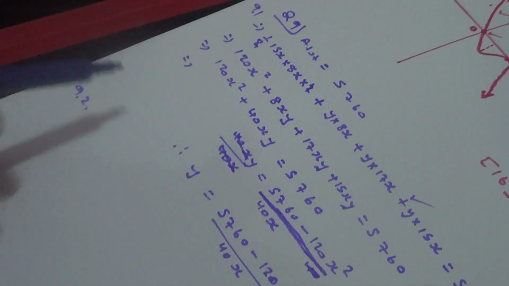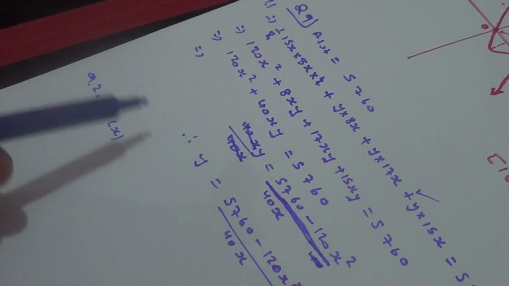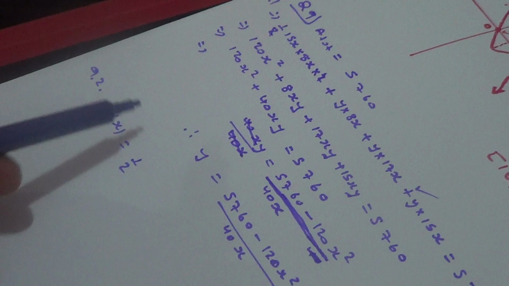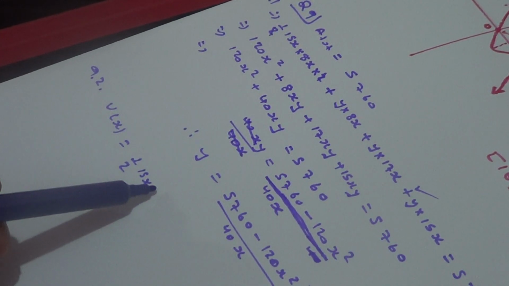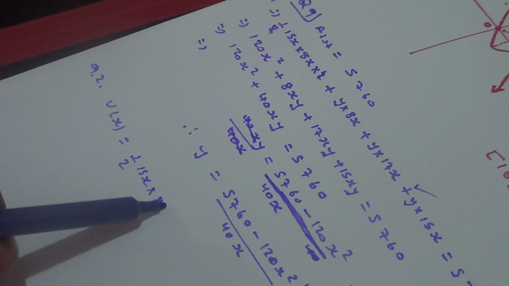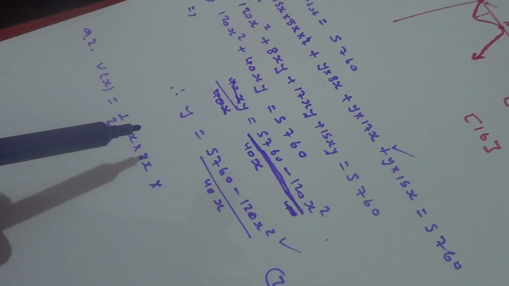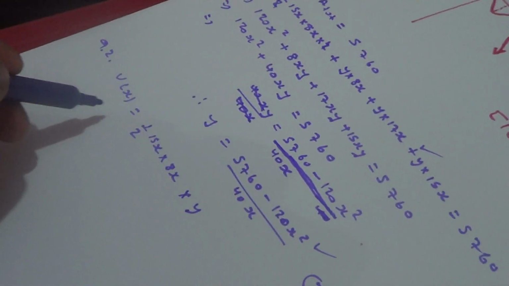Okay, so we know that the volume in terms of x of this prism is going to be equal to the area of the base. The base is triangular, so it's half of 15x multiplied by its height, which was 8x. Okay, this is multiplied by the length, which is y. Great.